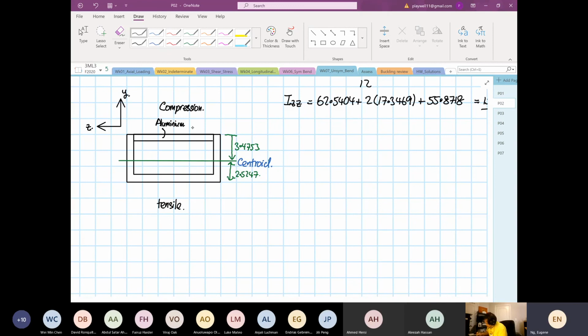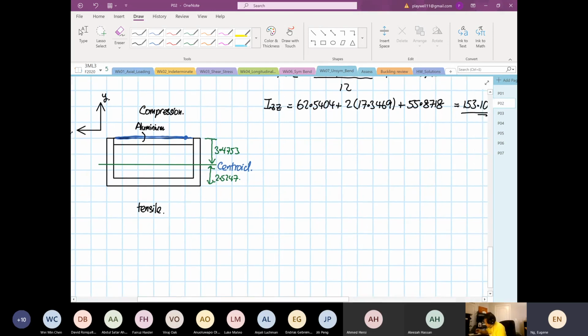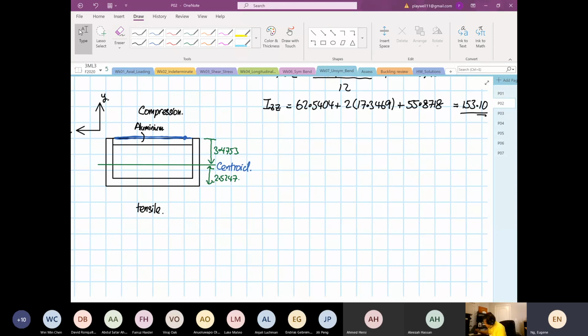At this line, maximum tensile stress will occur. From here we calculate for aluminum.